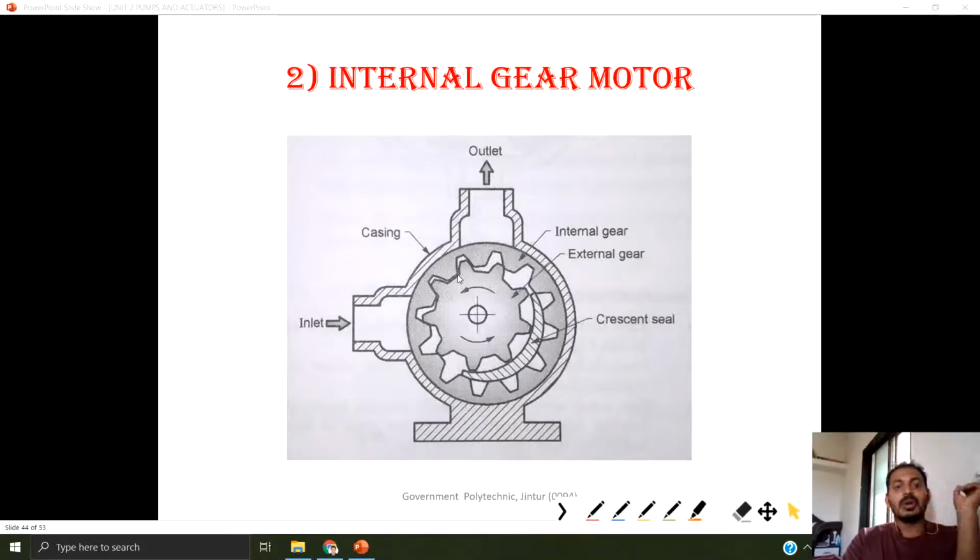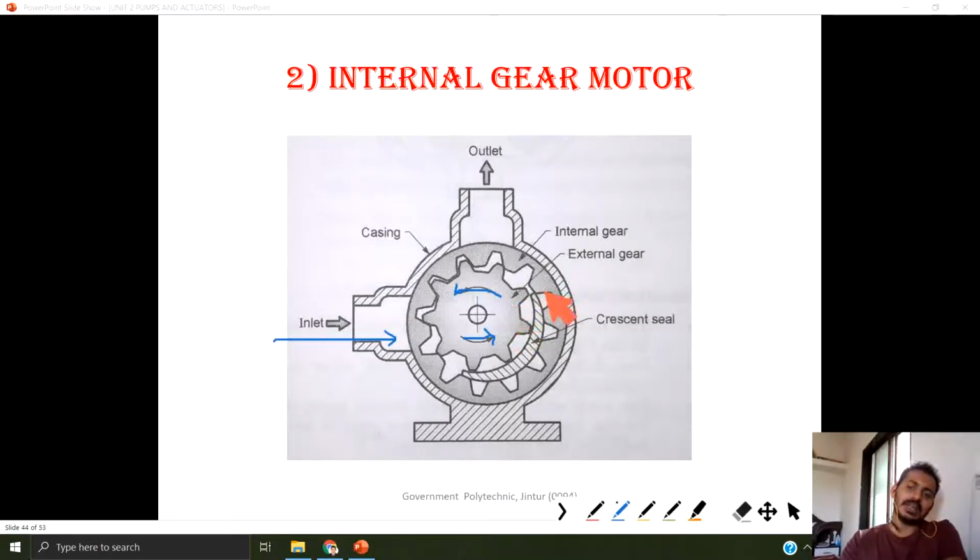Now here, what we are doing? We are giving the pressurized fluid as the input, and we are getting the mechanical motion as output. Construction is similar to the pump. We are having an external gear. We are having a crescent seal to fill the gap between the external gear and the internal gear.